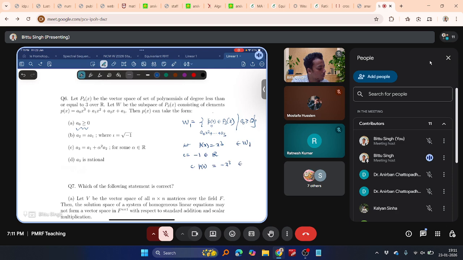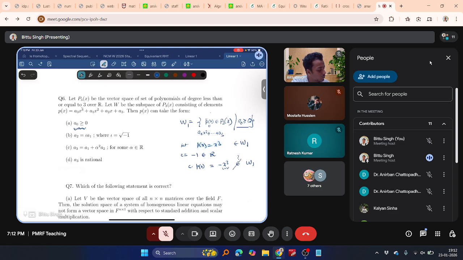Now will it belong to W1? Clearly the coefficient of x cubed is negative, which violates this condition, because it is given that a0 should be greater than or equal to 0. So this does not belong to W1, right? Therefore, this is not a vector space.